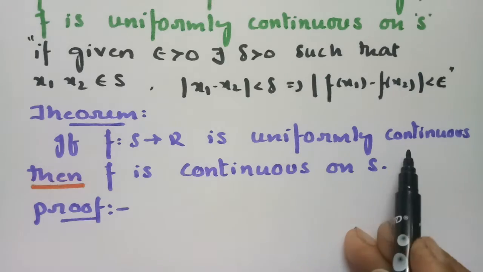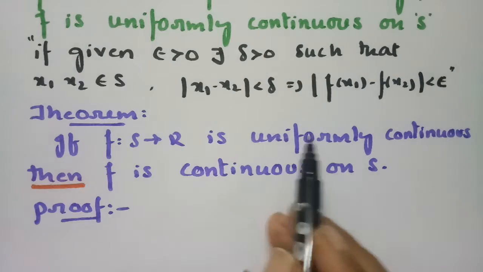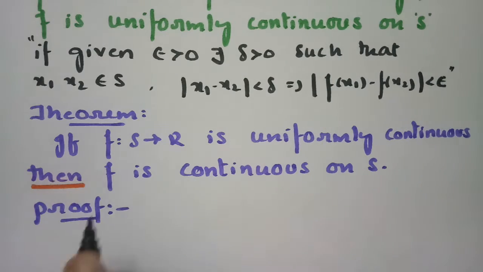And according to uniform continuity, we have the definition here. So what is given? F is uniformly continuous on S is given.